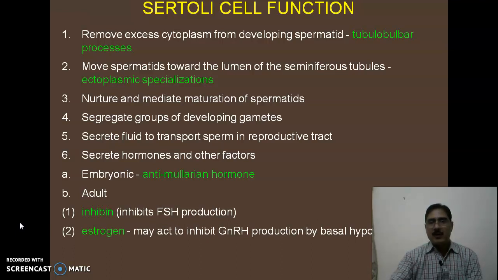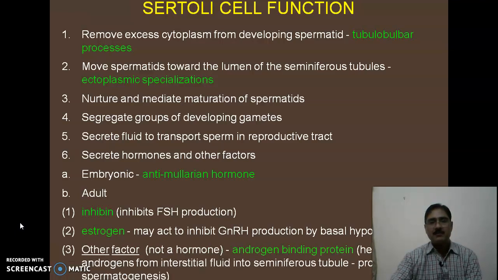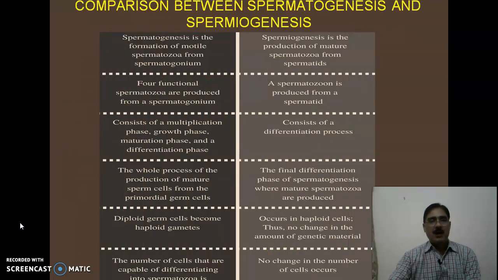Estrogen may act to inhibit GnRH, the gonadotropin releasing hormone production by the basal hypothalamus, and other factors which are not hormones, like the androgen binding protein, which helps to transport androgens from the interstitial fluid into the seminiferous tubules. It promotes the process of spermatogenesis.